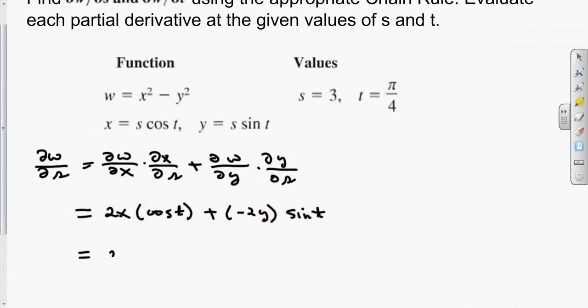So we have 2 times x. X is s cosine t, times cosine t, so I'm just going to write cosine squared t, minus 2 times y.